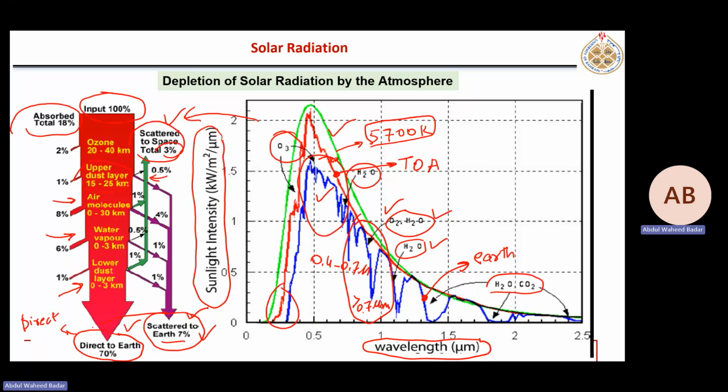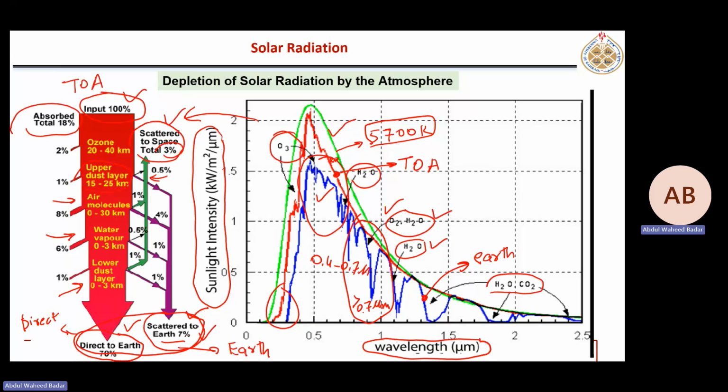So this is the part which is finally reaching the surface of the Earth. This is the top of atmosphere, and this is the part finally reaching the surface of the Earth.